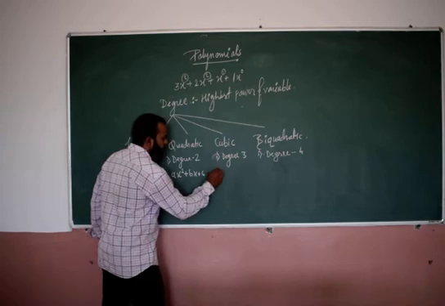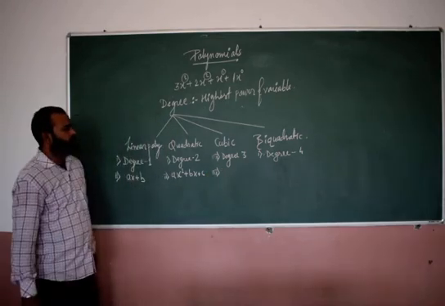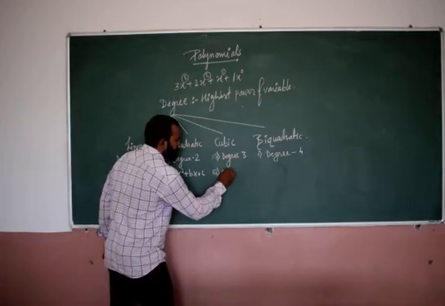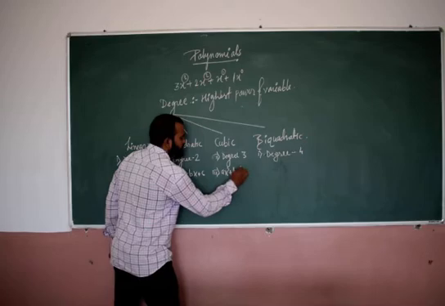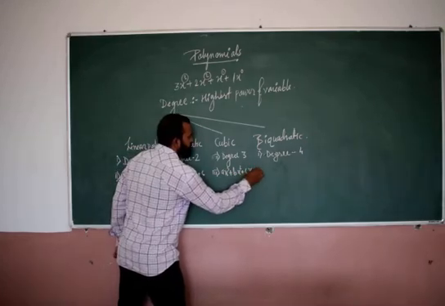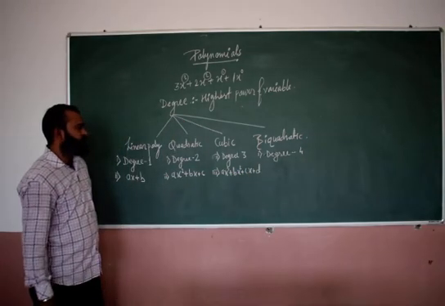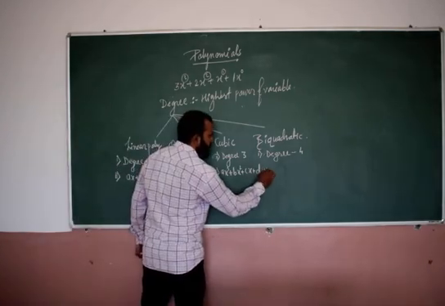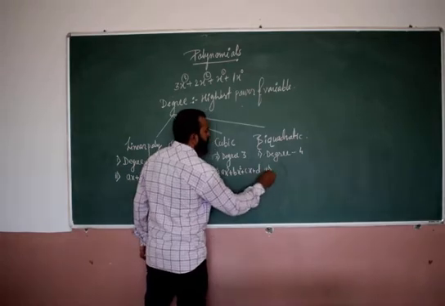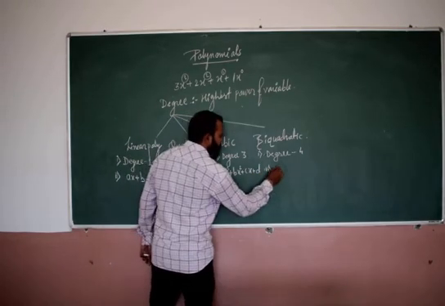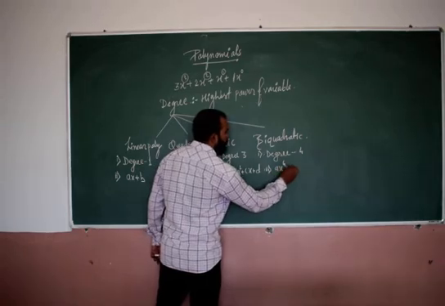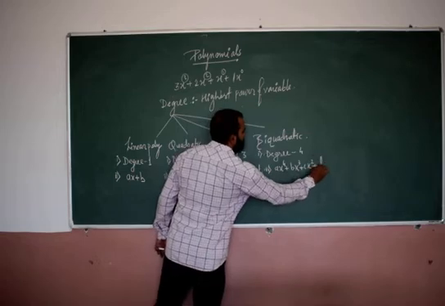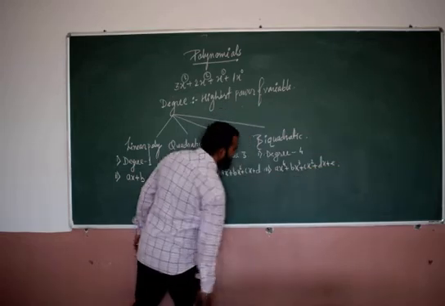If we go on to see the standard form of a cubic polynomial, it will be ax cubed plus bx squared plus cx plus d. Next, the standard form of a biquadratic polynomial will be ax to the power 4 plus bx cubed plus cx squared plus dx plus e.